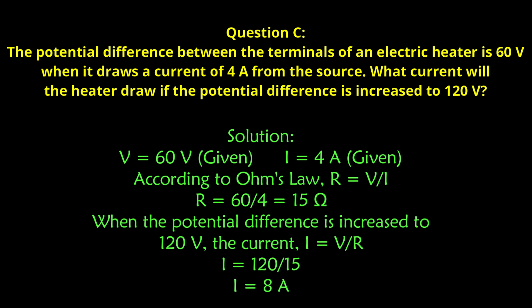Now if you apply Ohm's law here, R equal to V divided by I, which gives you R, and 60 divided by 4 is 15 ohm. Now when the potential difference is increased to 120 volt, I equal to V by R, so it is 120 divided by 15. So you get I as 8 ampere.